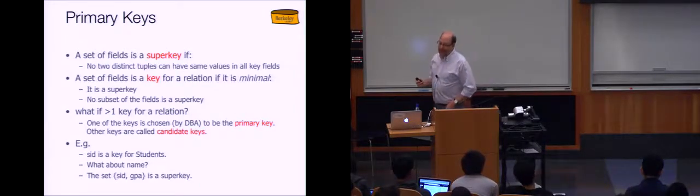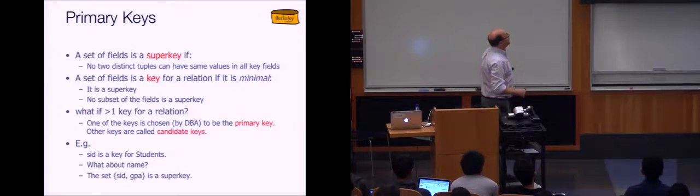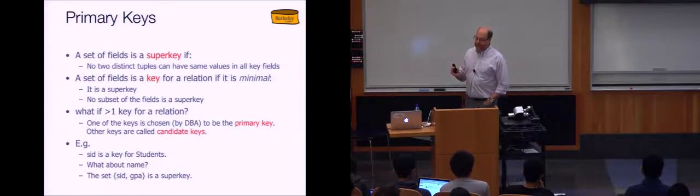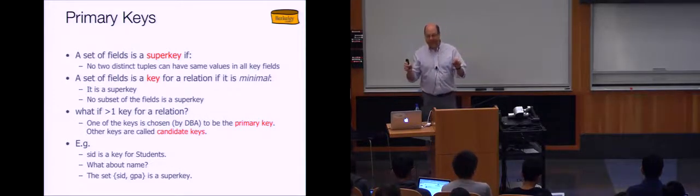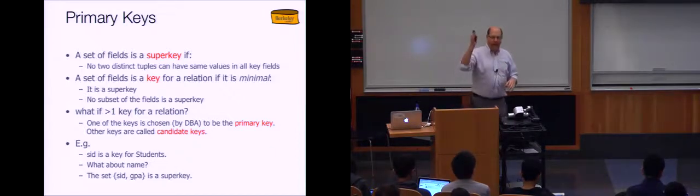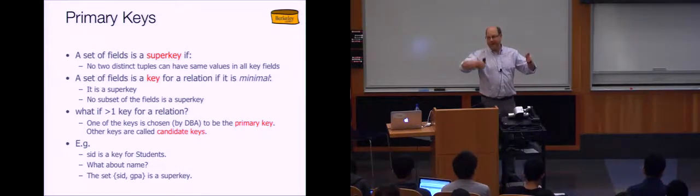All right, so some definitions. These are a little irritating, but they're good to keep straight. So there's a definition of a term called a superkey. A set of fields is a superkey if no two distinct tuples can have the same values for all the key fields. Right? So if I have students that have SIDs and name, okay, and I know that SIDs have to be unique, so SID is a superkey, right?